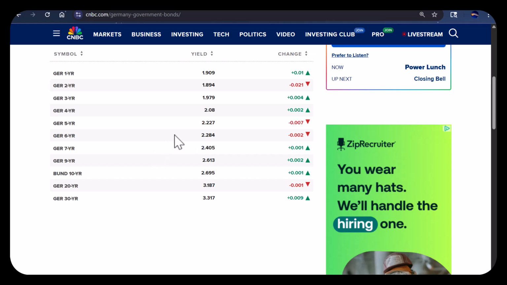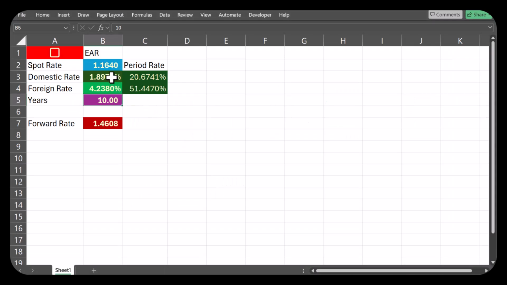And 10-year bonds are 2.695. As you can see, the 10-year forward rate is actually much higher, right? So the way you, okay, we have about 20 minutes.